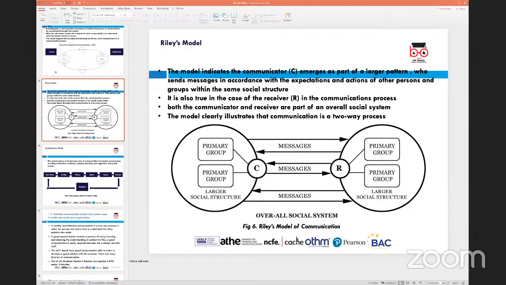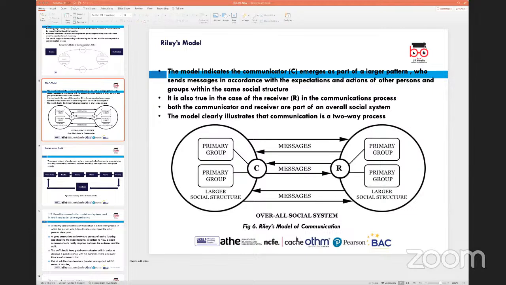Now here, the emphasis is on mass communication. This model shows that the communicator, which is C, and a group, and the receiver, which is R, are involved in mass messaging, or the exchange of mass communication.